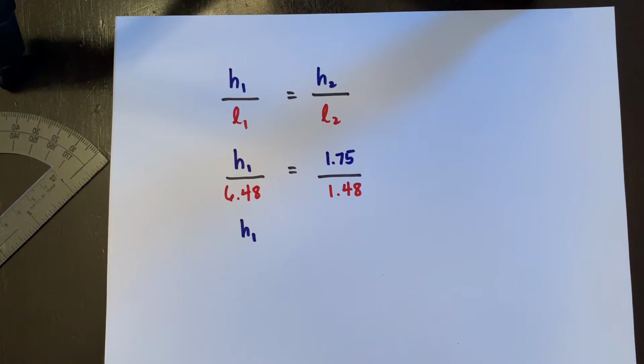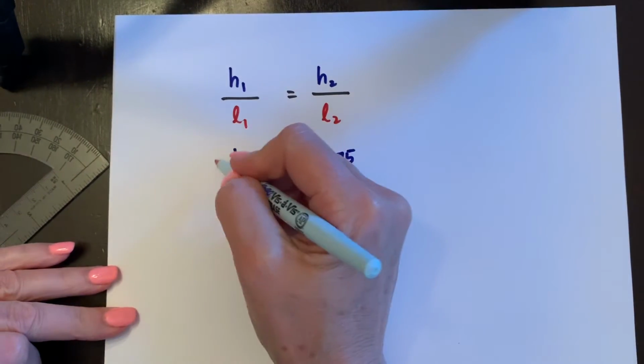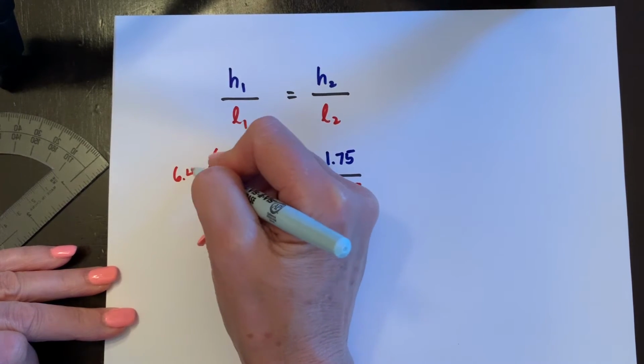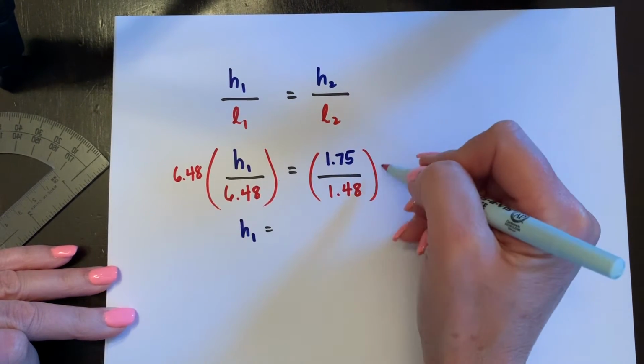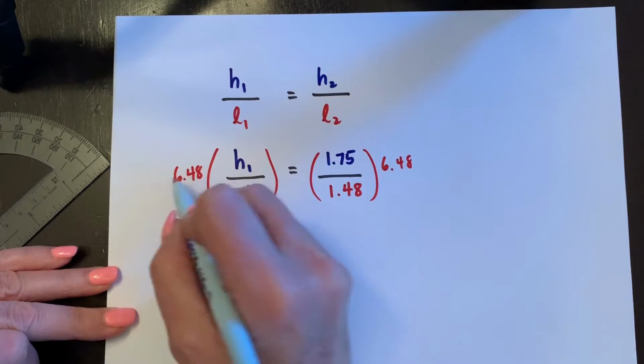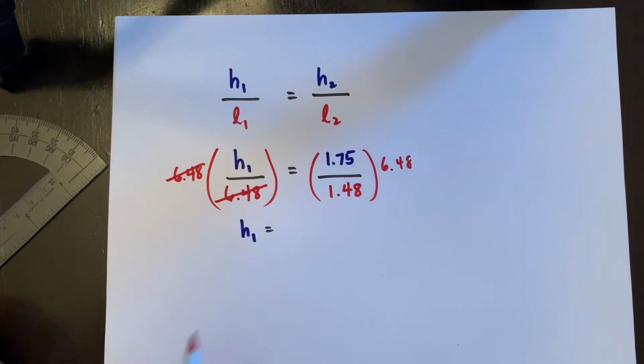And so we can see that we need to multiply both sides by 6.48 to cancel off that denominator.